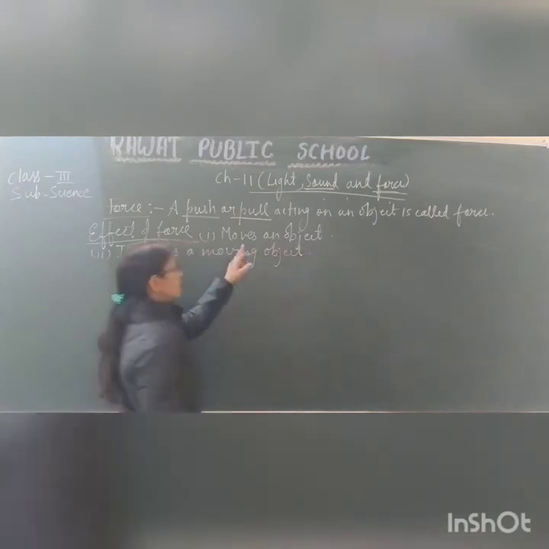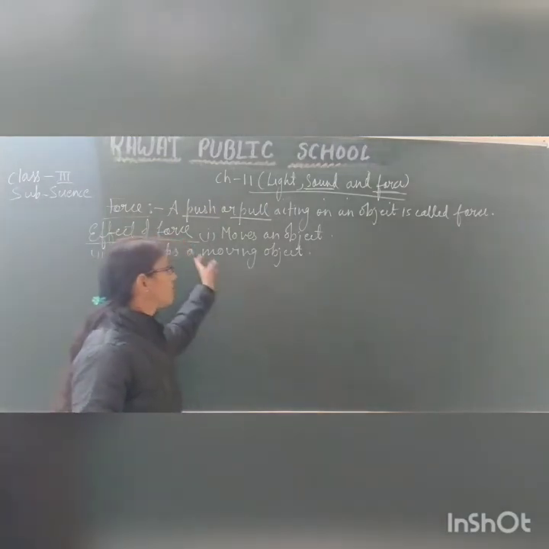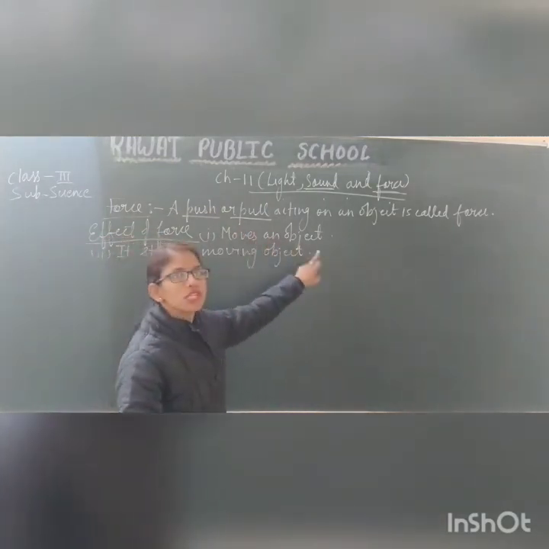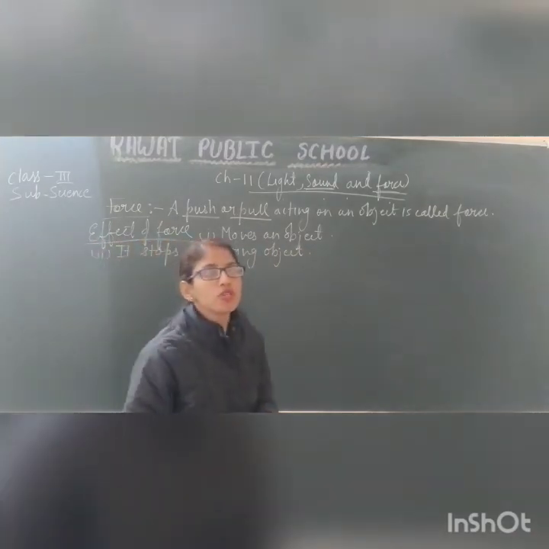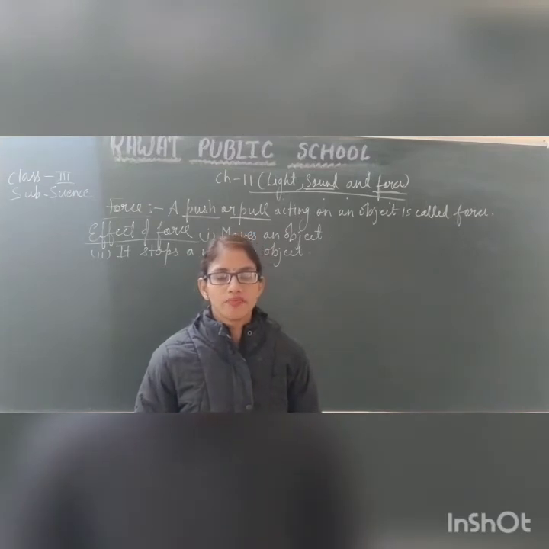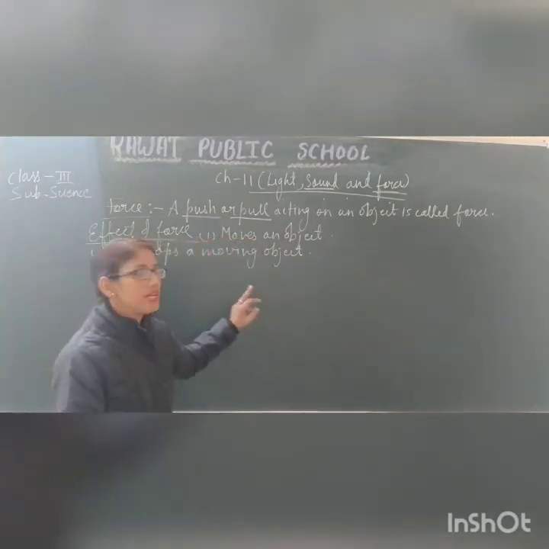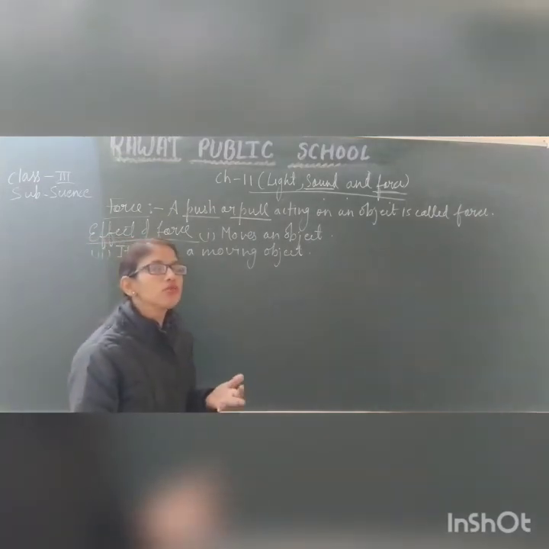So if an object is at rest, if I push it, the object will move, which means the force will make an object move. Next, if an object is moving and we apply force in the opposite direction, in that condition the object will stop. Hence the force can cause a moving object to stop.